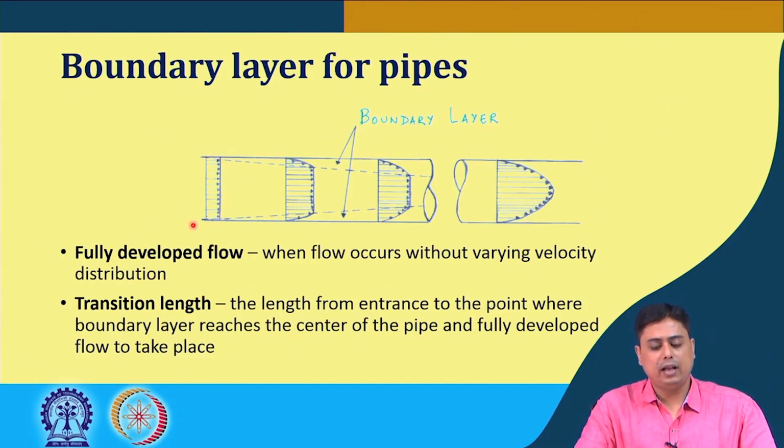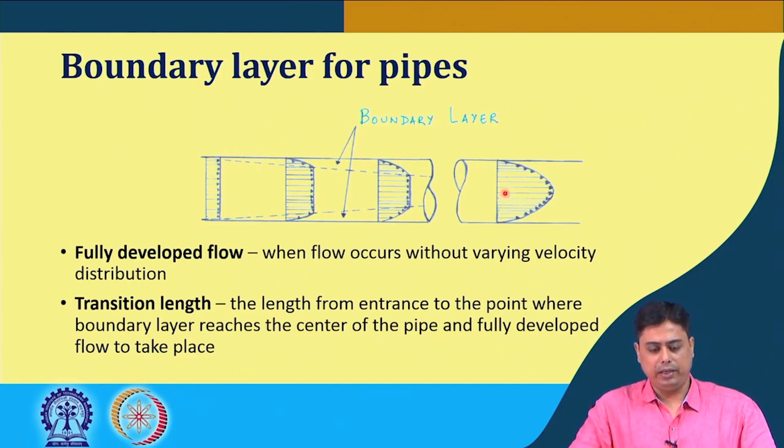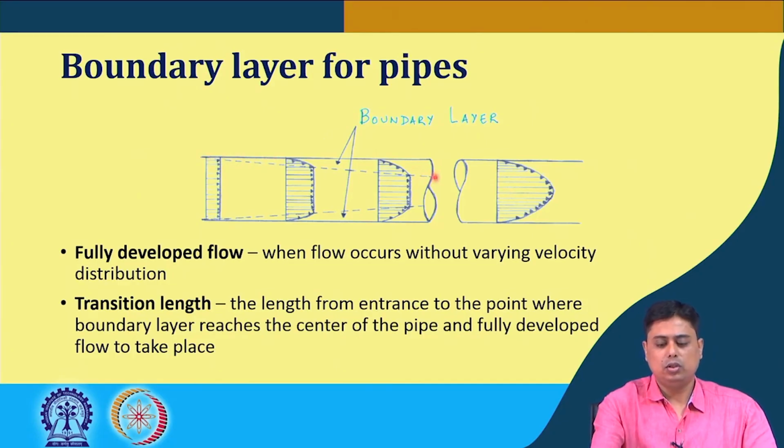When it enters the pipe, there is the development of the boundary layer. As soon as it enters, the boundary layer starts to form and its thickness grows. So, this initial part of the pipe is the certain length that is required to develop the boundary layer to a fully developed region.